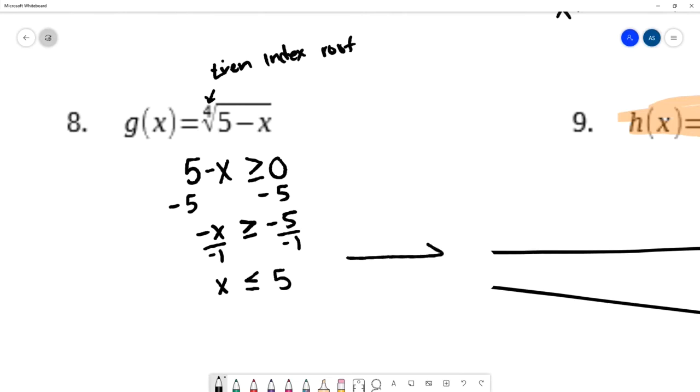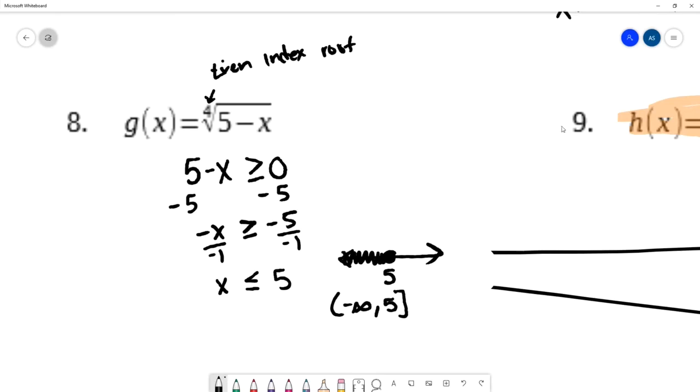So on our number line, we're including 5, and we're including everything less than 5. So to write that in interval notation, we would have negative infinity to 5 with a bracket to include that 5.